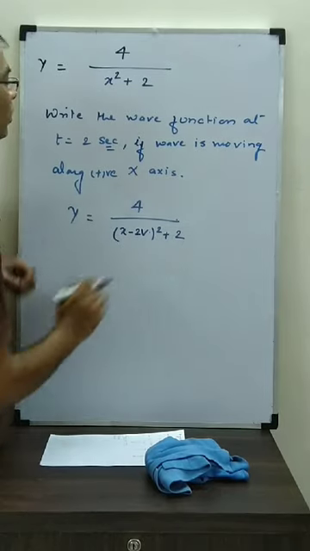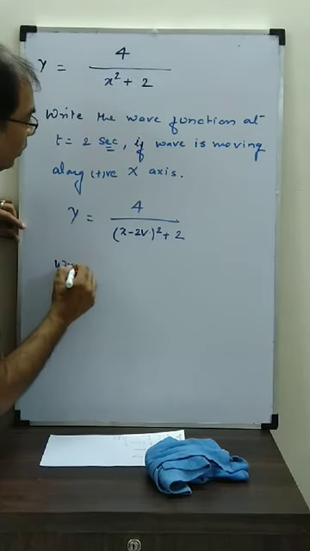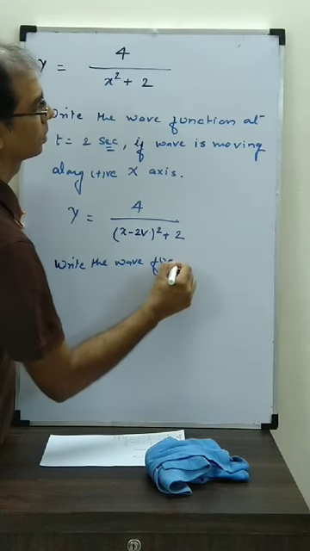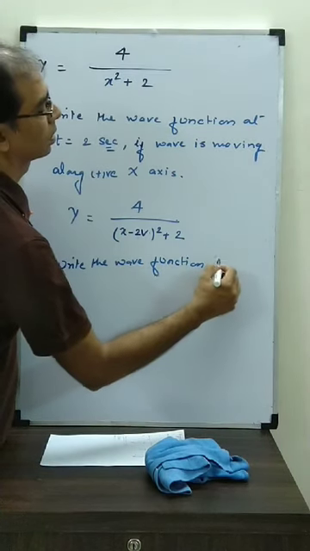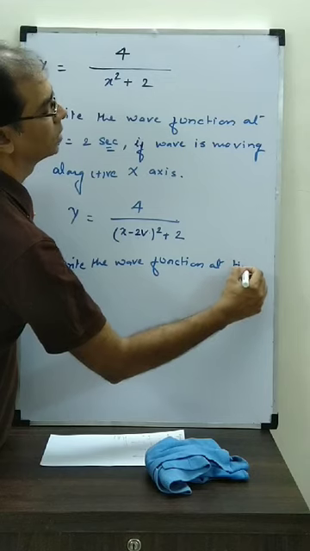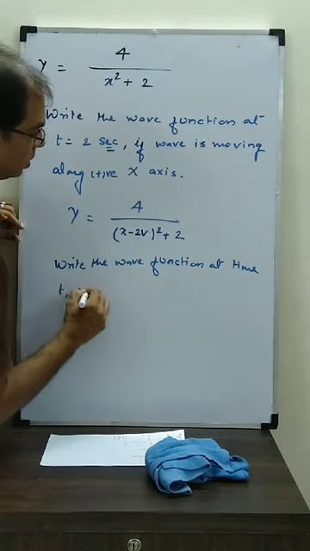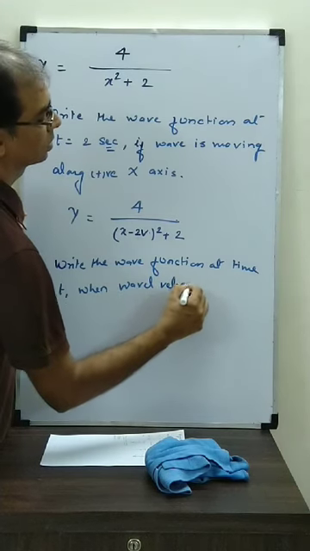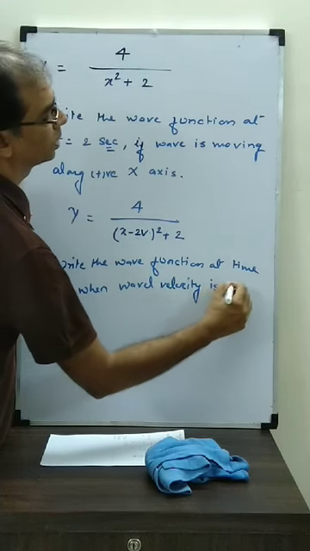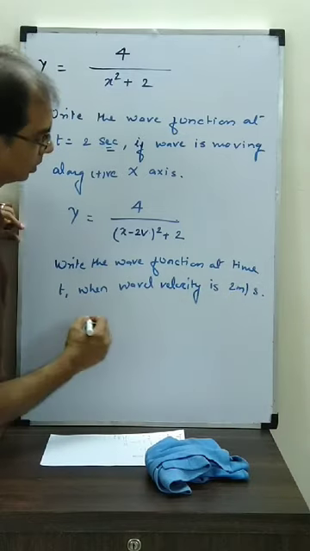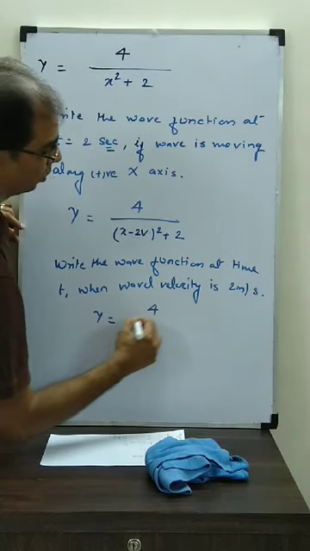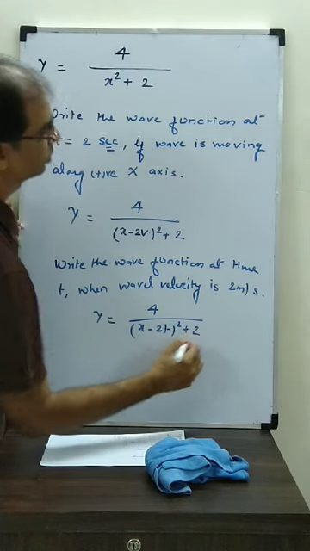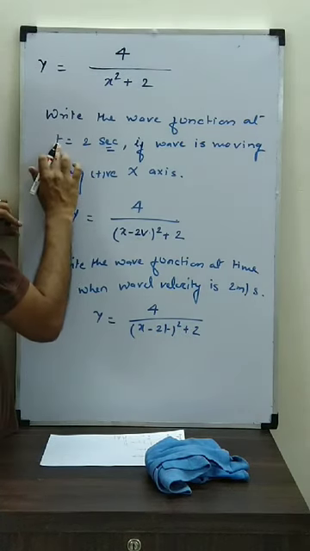But suppose the same function I say, write the wave function at time t when the wave velocity is 2 meter per second, then this would have been written as 4 by (x minus 2t) whole square plus 2. Here it's not t equal to 2 seconds.